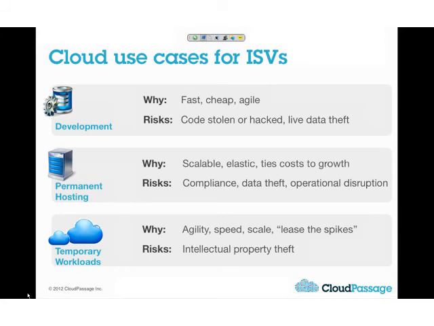The second use case is around actually hosting an application in the cloud. So for all the reasons that Mitchell called out around scalability, elasticity, tying cost to growth, all of that, hosting and building software as a service offerings from an infrastructure as a service public cloud is really appealing.